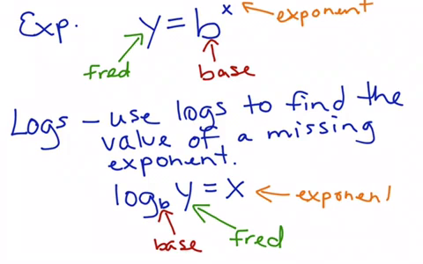Is y always Fred? The variable y is not always Fred, but in that position of a log, it's always Fred. I do want to be sure that everybody notices these are the same.